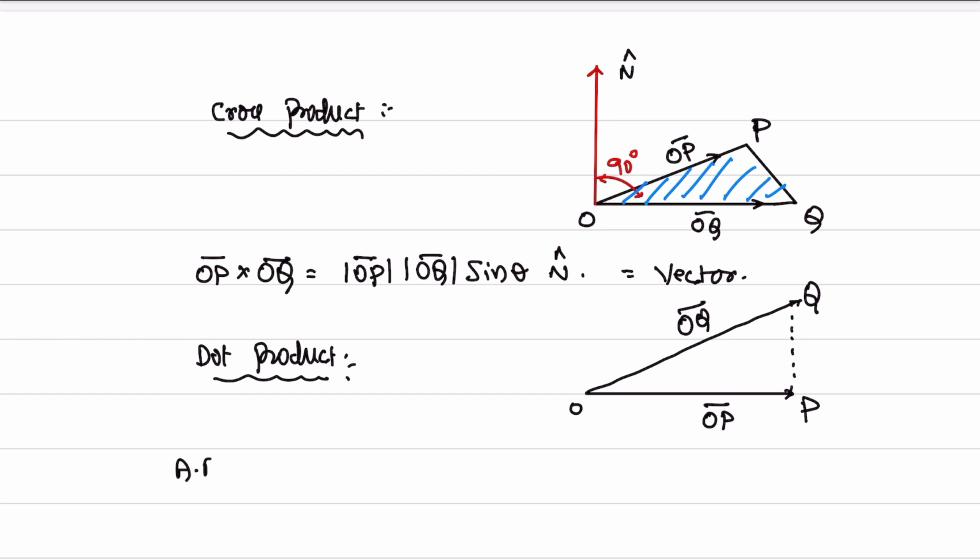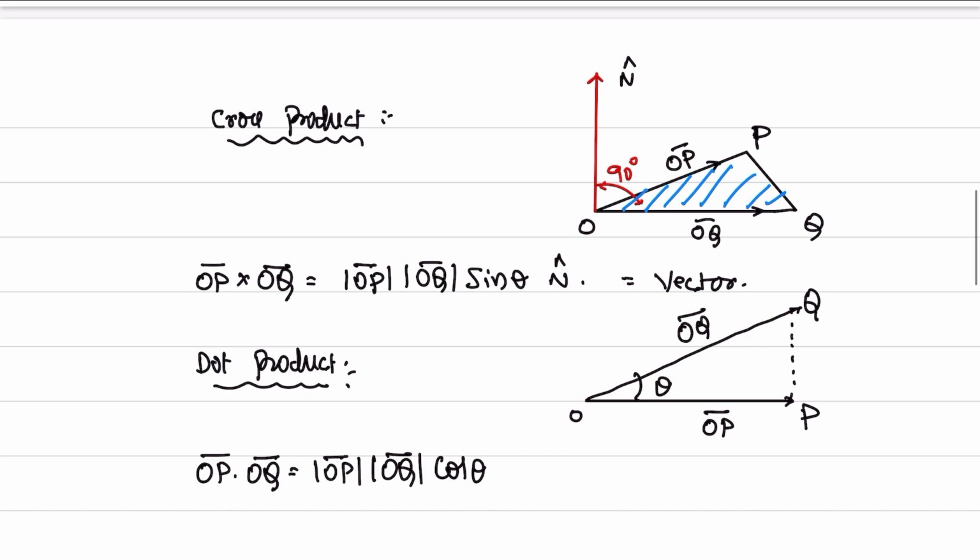The definition: OP dot OQ is equal to magnitude of OP into magnitude of OQ into cos theta. This is theta. Theta is the angle between two vectors.